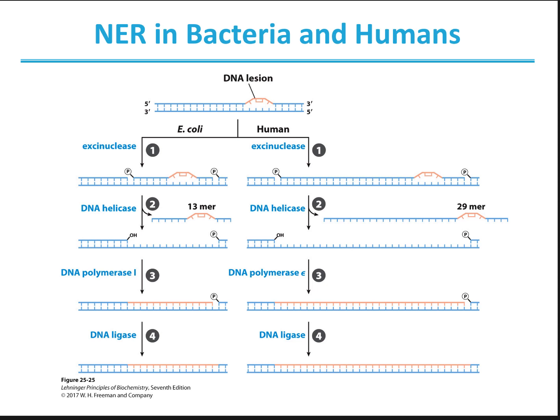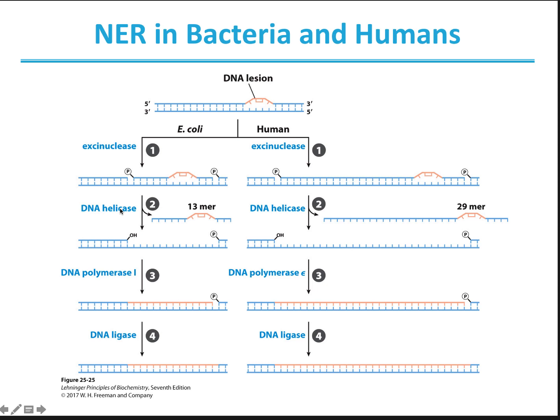So the general pathway of nucleotide excision repair is similar in all organisms. So in this first step, the exonuclease binds to the DNA at the site of a bulky lesion, and it cleaves the damaged DNA on either side of the lesion. So here's the lesion. It can cleave upstream or downstream.